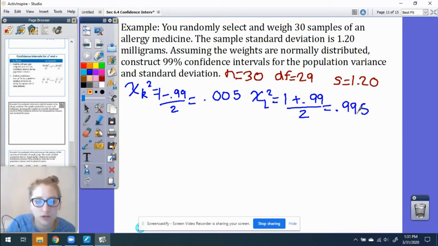All right, so now I'm going to check with page A19. So I'm going to go over to 0.05, go down to 29, and if I do that, I'm going to get 52.336. And 0.995 is going to give me 13.121.